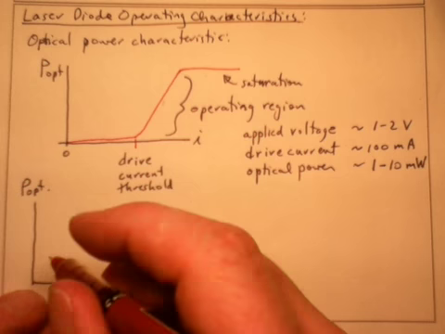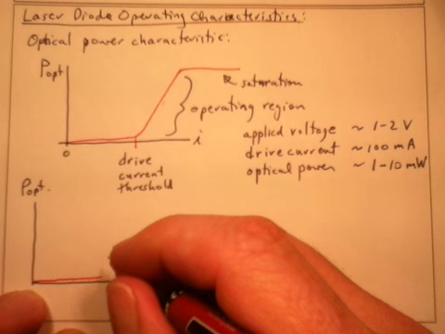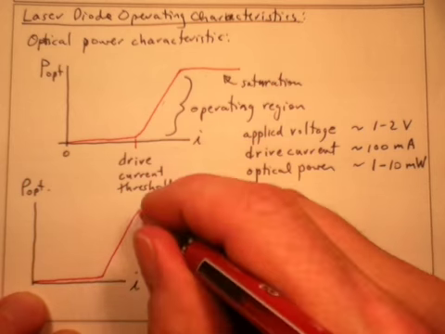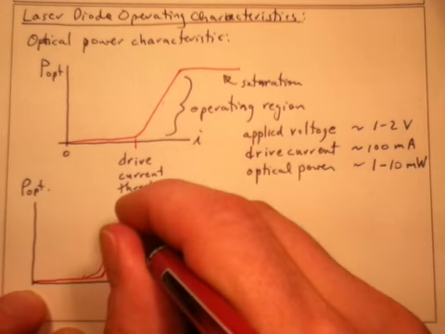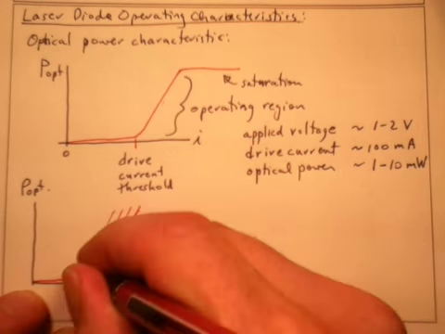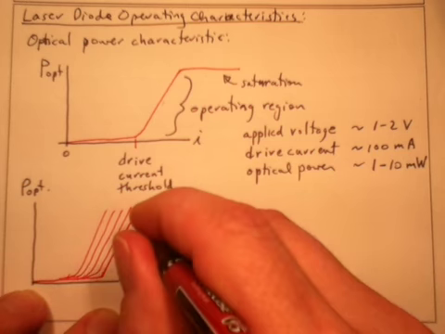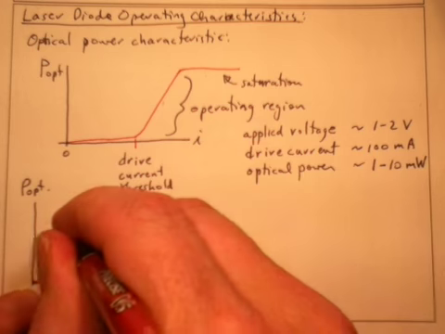We're going to have some sort of a threshold for a high temperature, and then as we lower the temperature we're going to get a whole series of curves like this, and T lower.